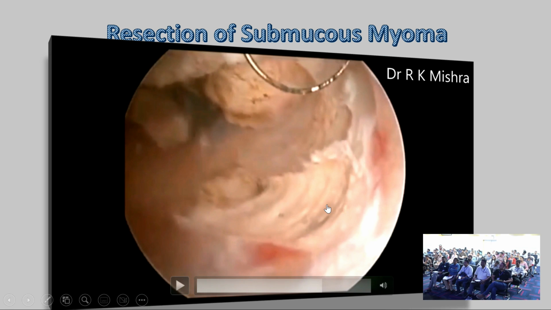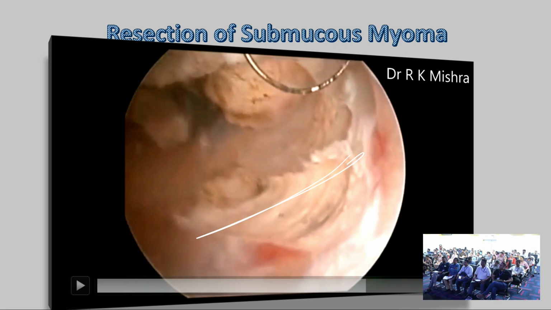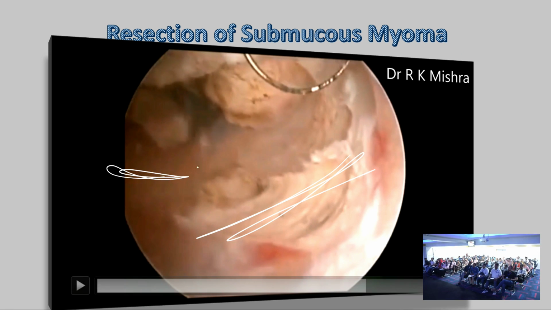So you have to see the texture gradient. If this texture is equal to the surrounding texture, that means it is time to stop. What are the depth cues in laparoscopy? Relative size, linear parallax, motion parallax, occlusion, shadow, texture gradient, aerial gradient, these are all depth cues. But in hysteroscopy, you have only one depth cue, that is texture gradient.